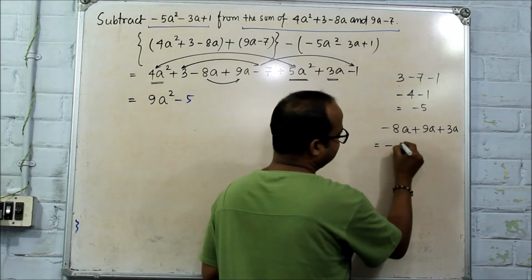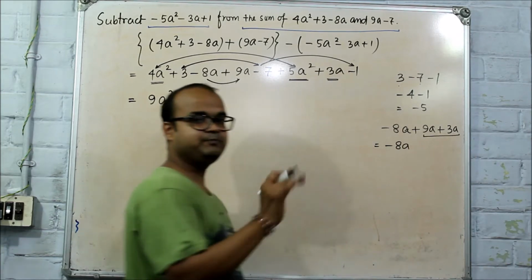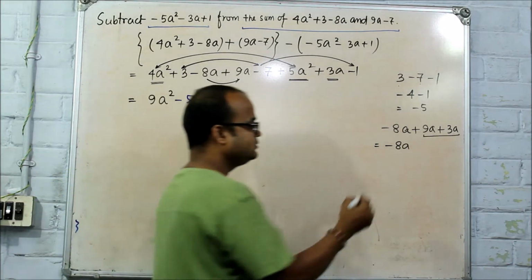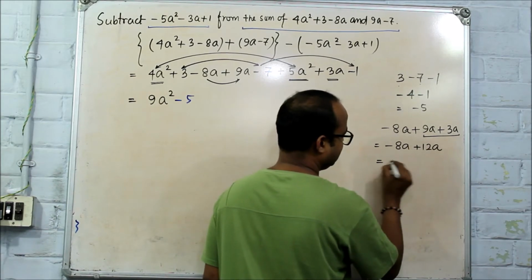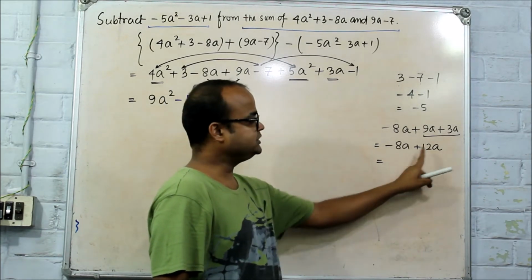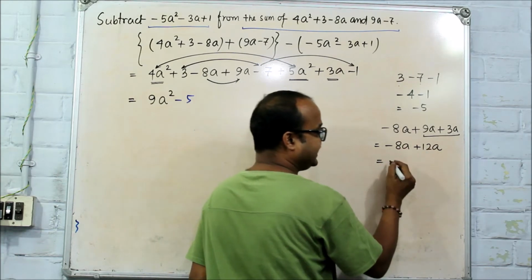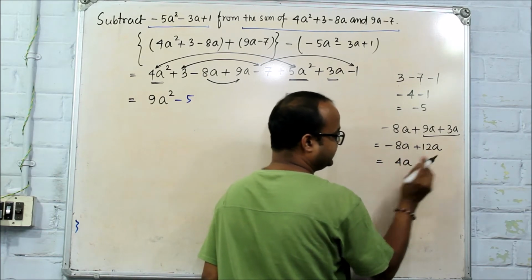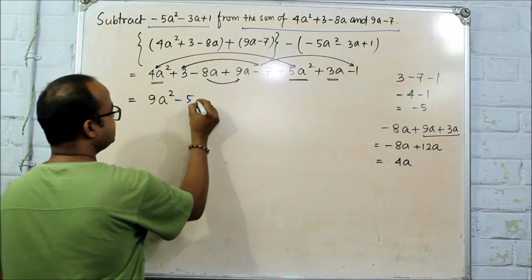So 9a plus 3a, 9 plus 3, 12, so plus 12a. Opposite sign, need to be subtracted. 12 minus 8 is equal to 4a. 12 is bigger in magnitude, so the sign will be positive. So plus 4a.